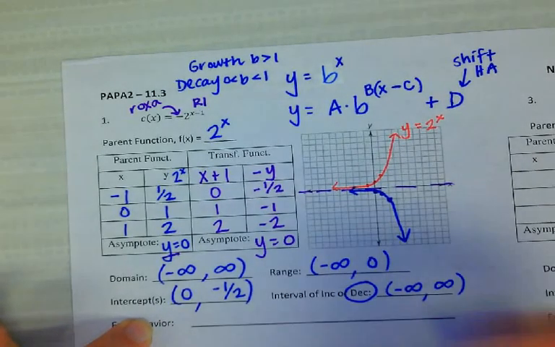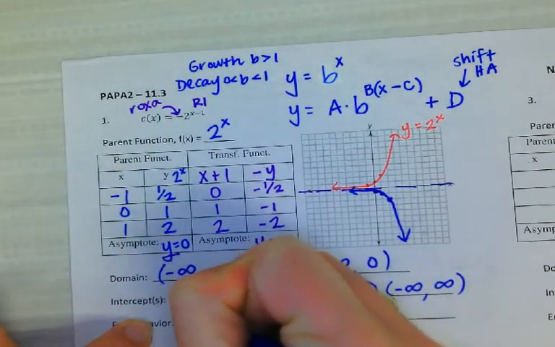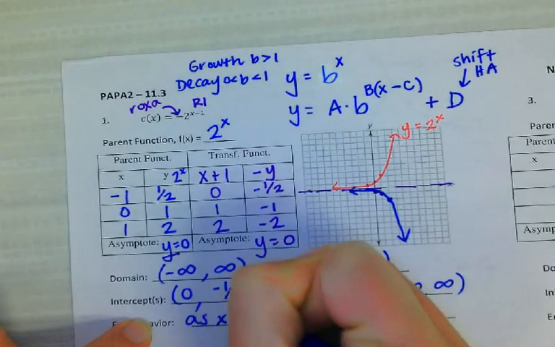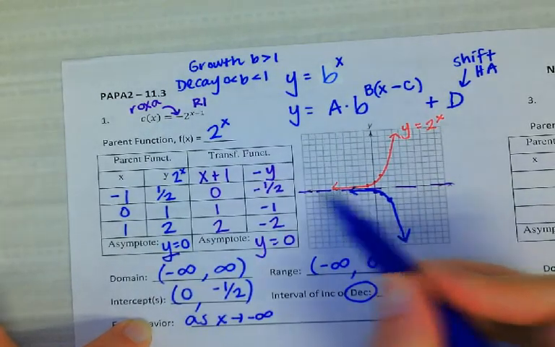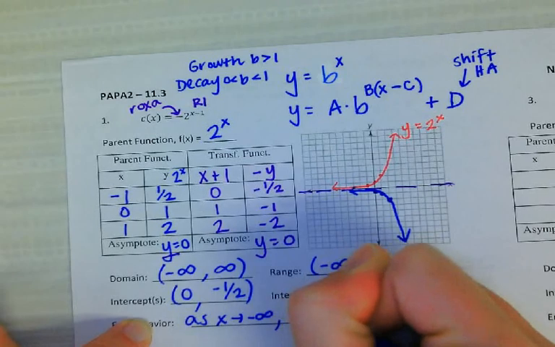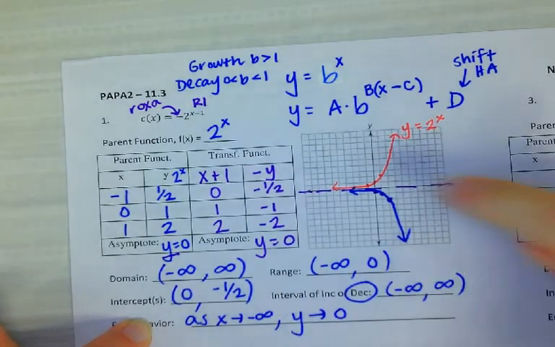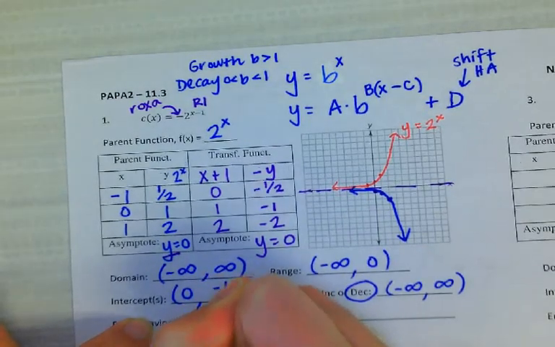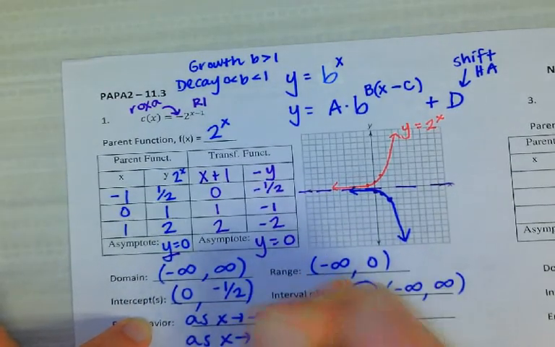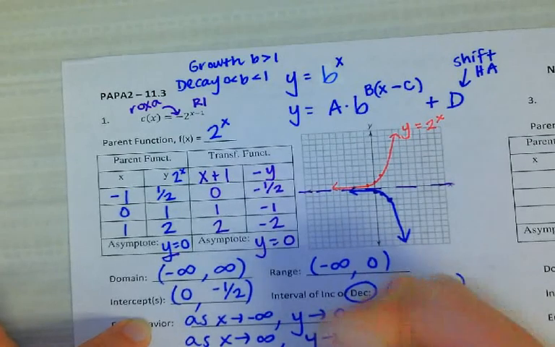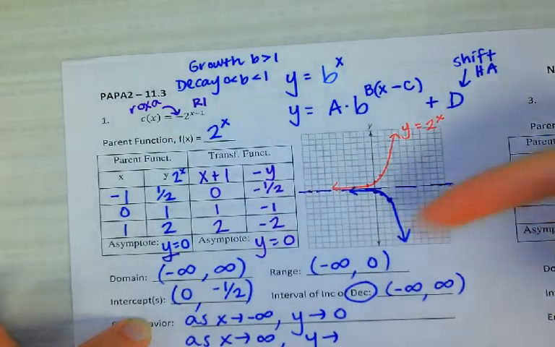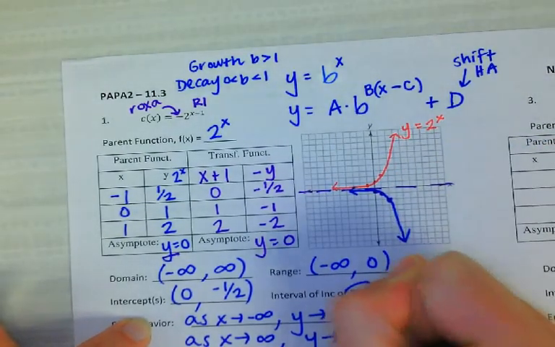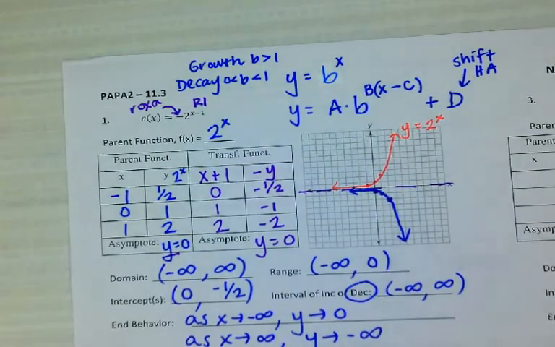Okay, end behavior, your favorite. As x approaches negative infinity on the left side, I can see the y's are approaching the asymptote, getting closer and closer to 0. As x approaches positive infinity, on the right side, the graph is pointing down, so the y's are approaching negative infinity.